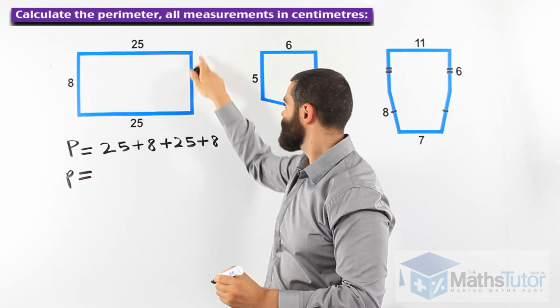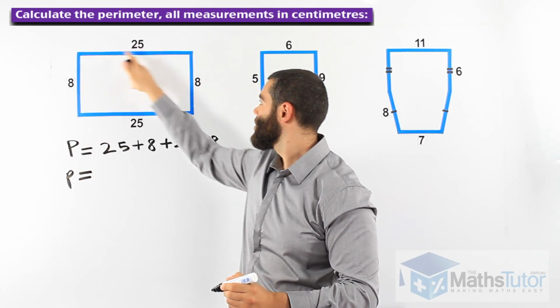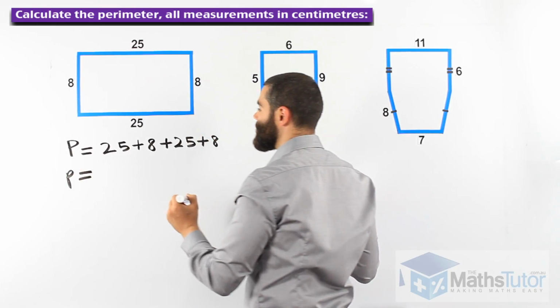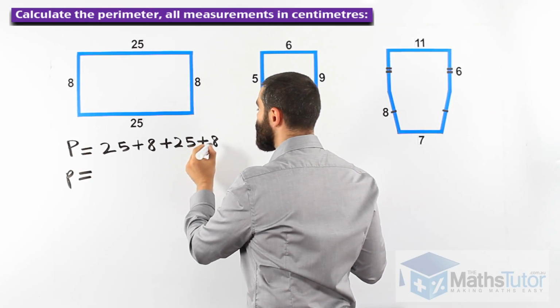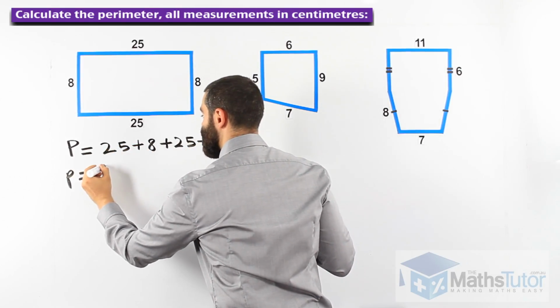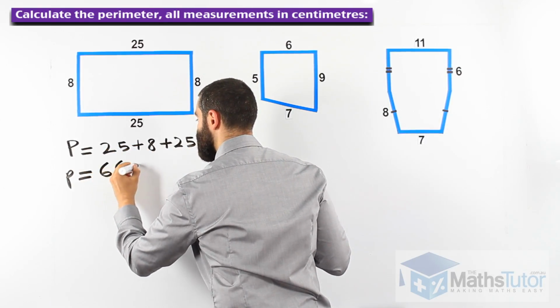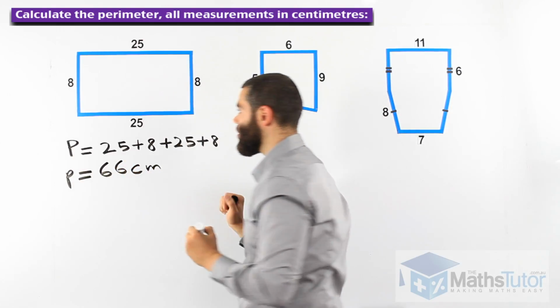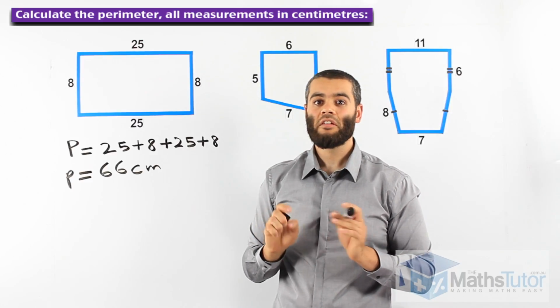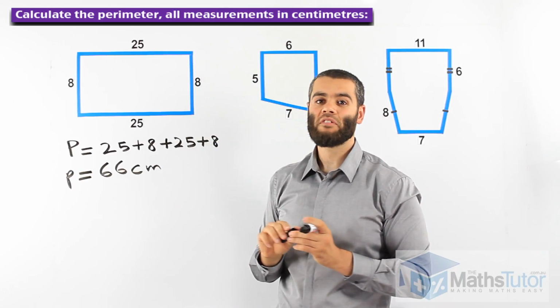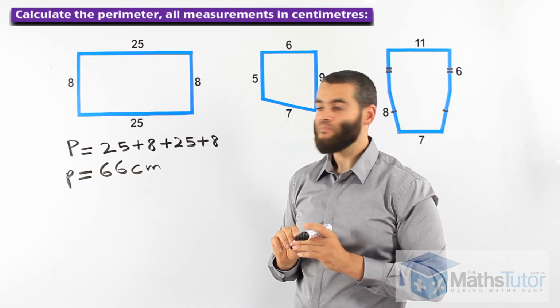So the boundary all around the shape. We add them together, and 25 plus 8 plus 25 plus 8, we have 66 centimeters long. So the boundary of the shape is 66 centimeters according to the measurements that we have there.